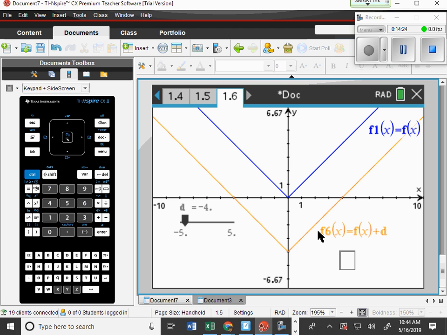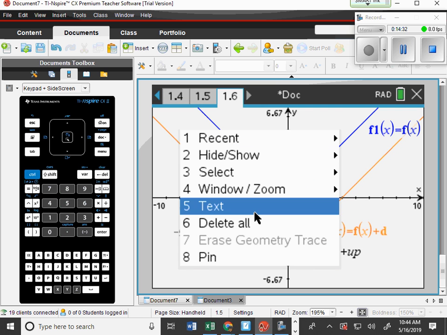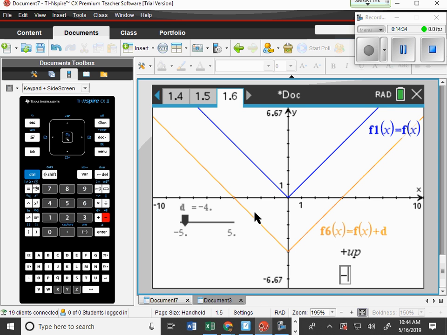So if we got plus, that's going to be up. And if we have a negative number added to the function, then we're going to have a downward translation. So that is all of your translations.